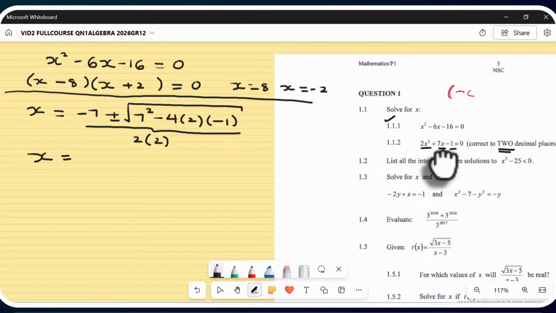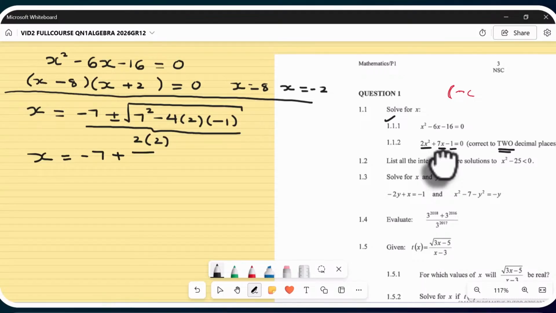So here we get x equals negative 7 plus root 57. But because they wanted two decimal places, we divide by 4. Then if we press SD, which gives us what?